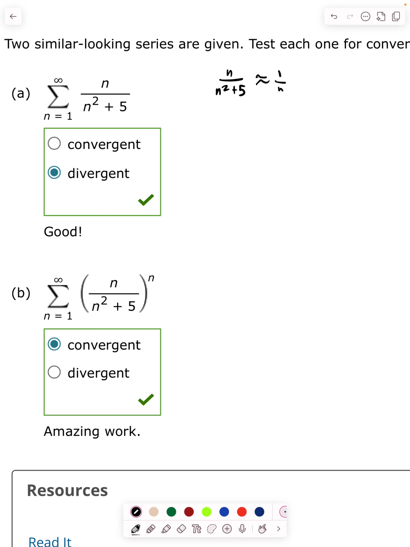It's important to be able to build this kind of intuition because we know that anything that behaves like a harmonic series will diverge.